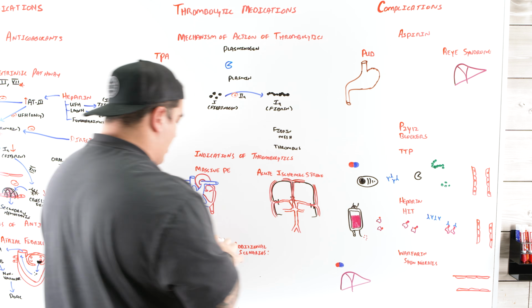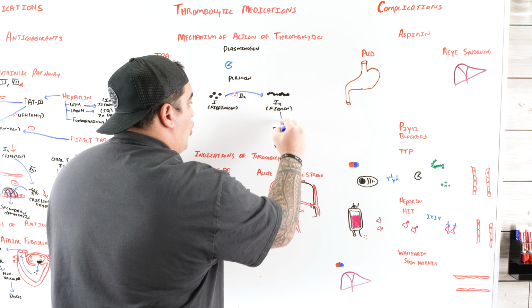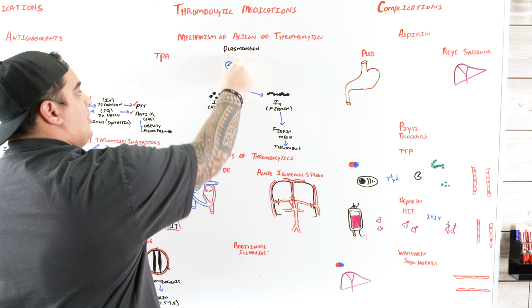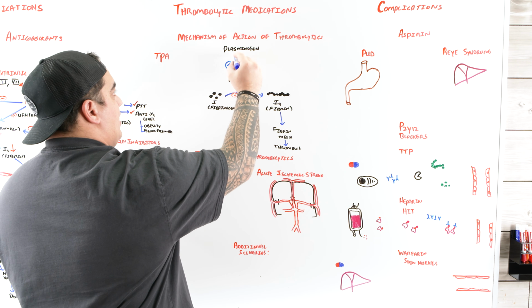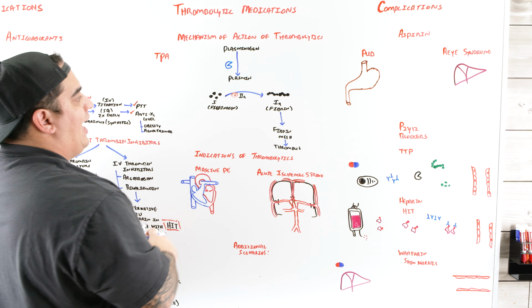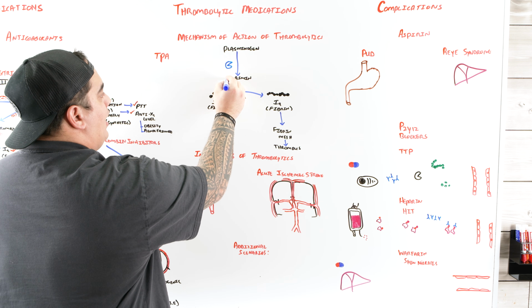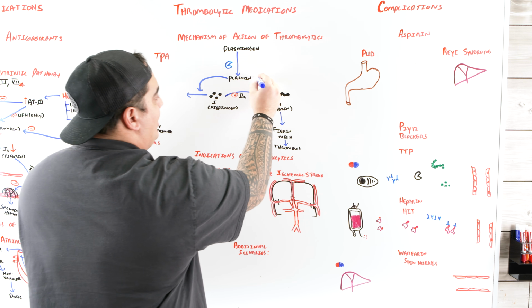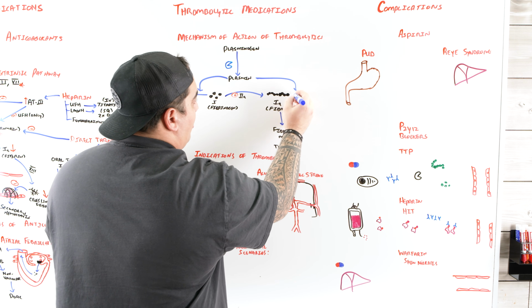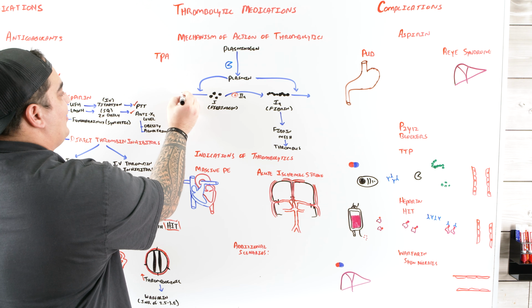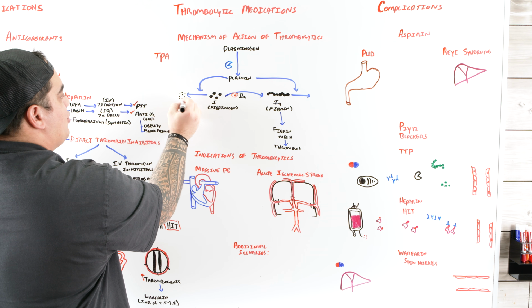So we have this normal pathway in which plasminogen is converted into plasmin via TPA, tissue plasminogen activator, and plasmin will then go and break down fibrinogen and break down fibrin. And what you break it down into is all these little degradation products.